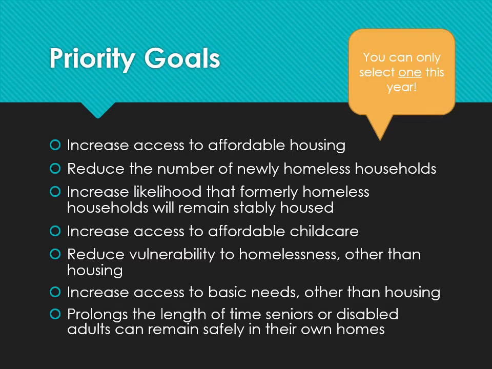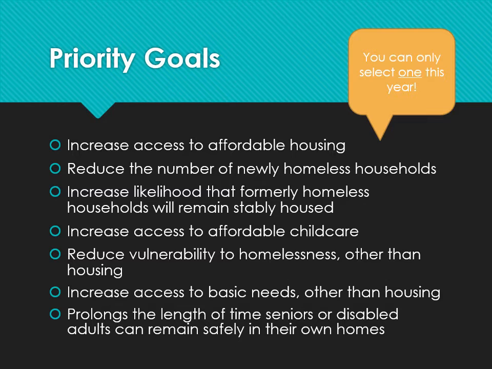The priority goals that the city has identified are to increase the access to affordable housing, reduce the number of newly homeless households, increase the likelihood that formerly homeless households will remain stably housed, increase access to affordable childcare, reduce vulnerability to homelessness other than housing, increase access to basic needs other than housing, or prolong the length of time seniors or disabled adults can remain safely in their own homes.